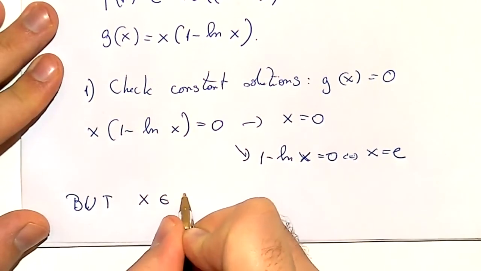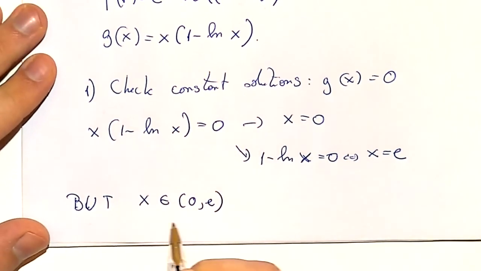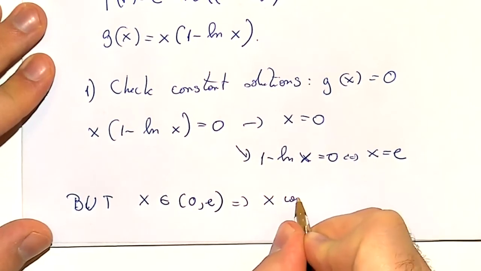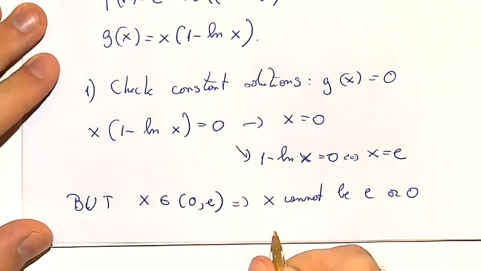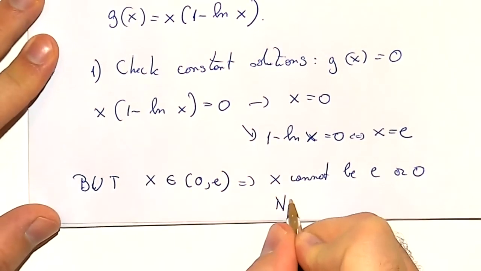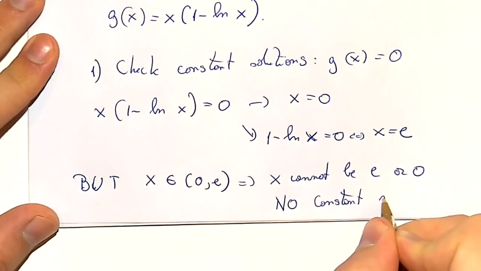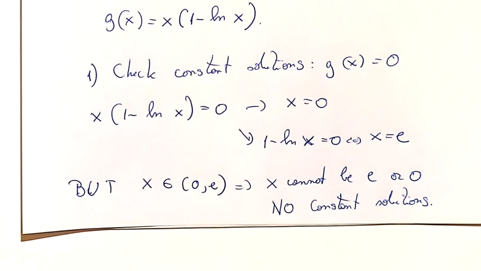So if it's inside this and it's open, it means x cannot be e or 0, so no constant solutions. Okay, but it's always important to check.